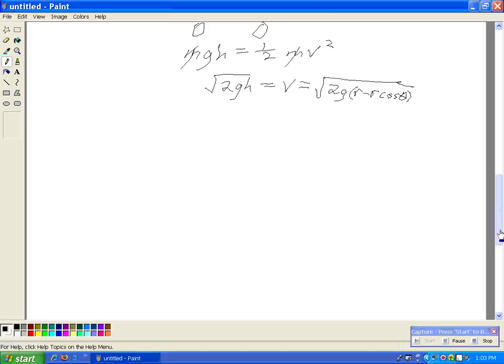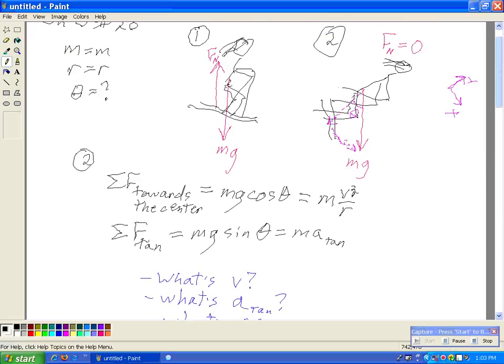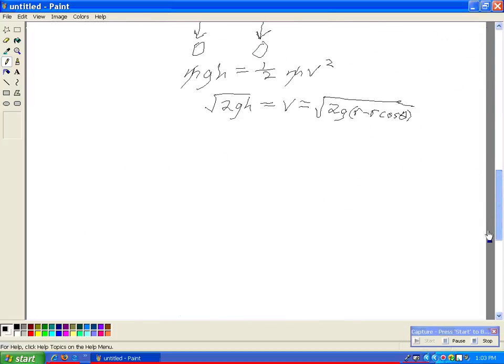Now that we have that, we can look at the original formula up here, where we had v, velocity. Now we can replace it. Here's theta, that's right down here.